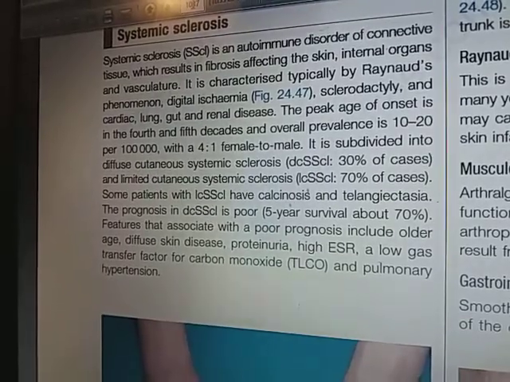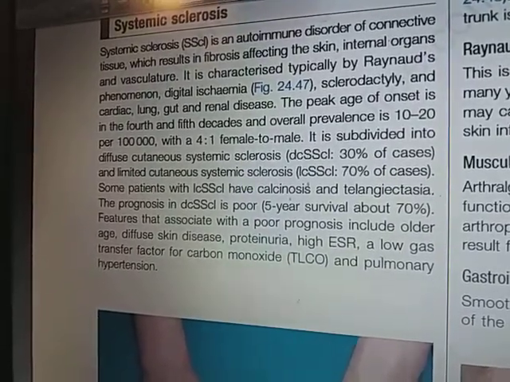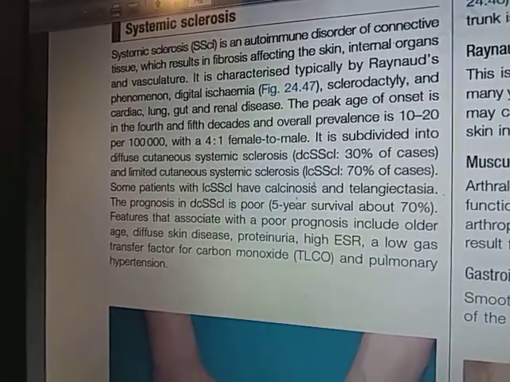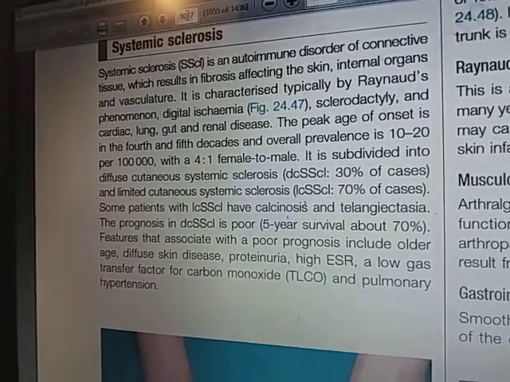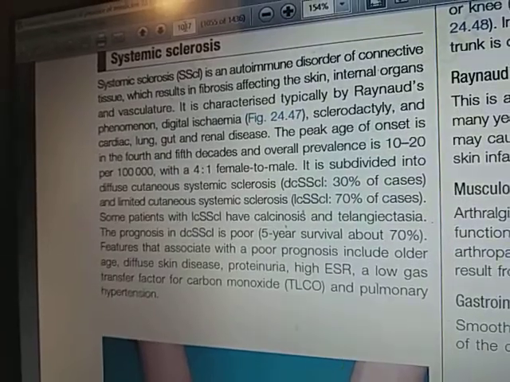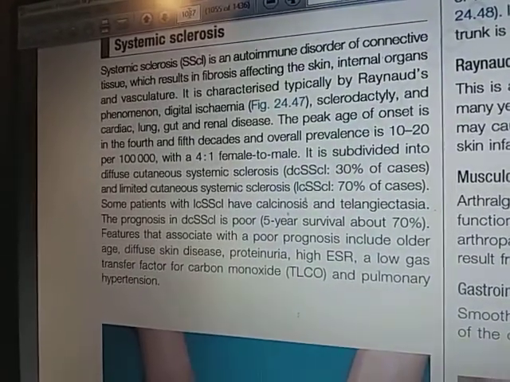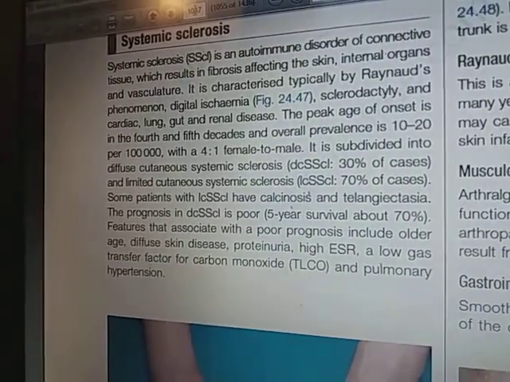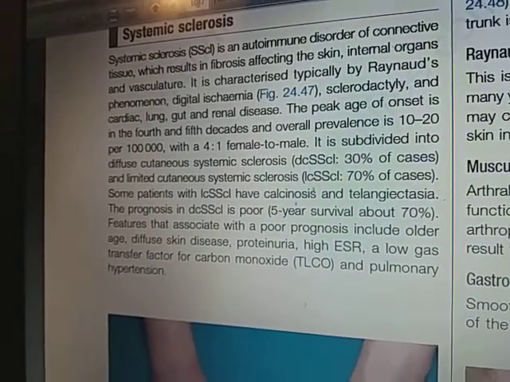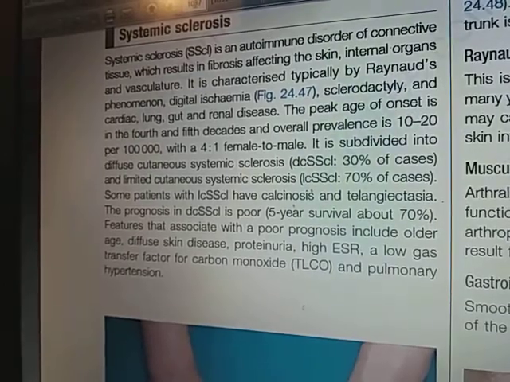Also, this condition is associated with Raynaud's phenomenon, with skin induration, with calcinosis, calcifications, with esophageal dysmotility, with sclerodactyly, with telangiectasia.